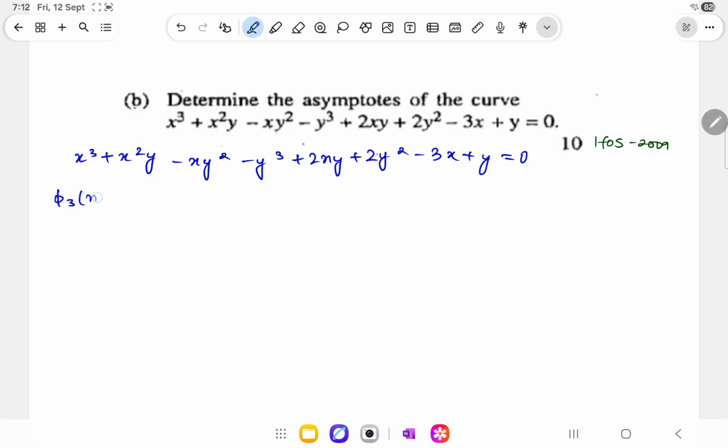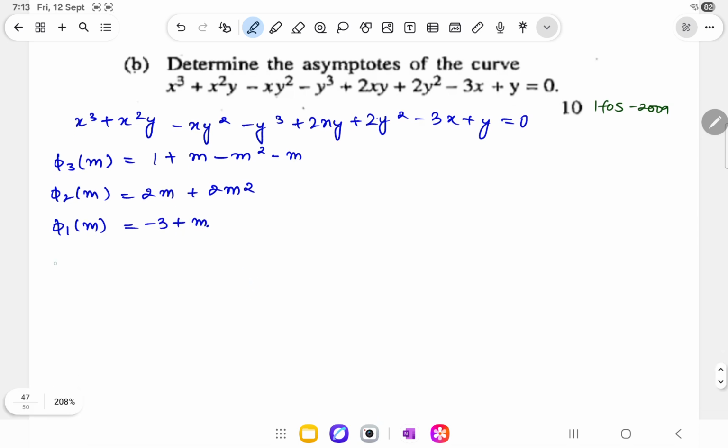So phi 3m will be basically 1 plus m minus m square minus m cube. And phi 2m will be basically 2m plus 2m square, and phi 1m will be minus 3 plus m. So the values of m I'll get by equating phi 3m with 0.